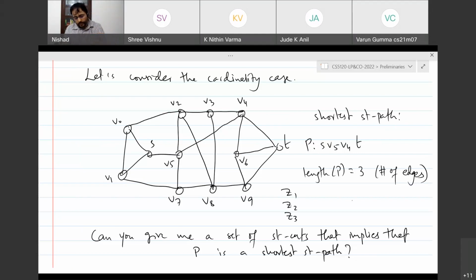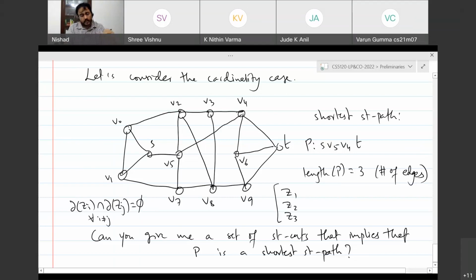Let me give you a hint. Supposing you know that any two of these 3 ST cuts are disjoint. Supposing you know this property to be true, would that imply anything about the length of the shortest ST path?